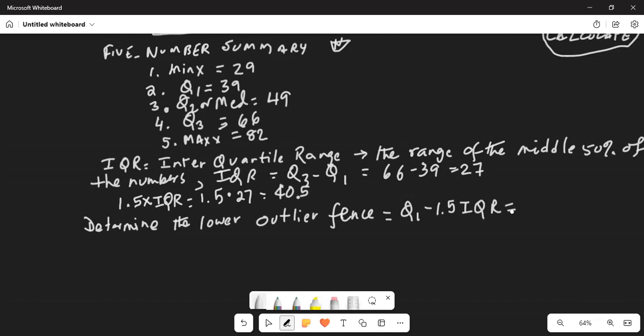So what is my Q1? It is 39 minus 27, and that is equal to 12. Is there any number less than 12 in the data set?